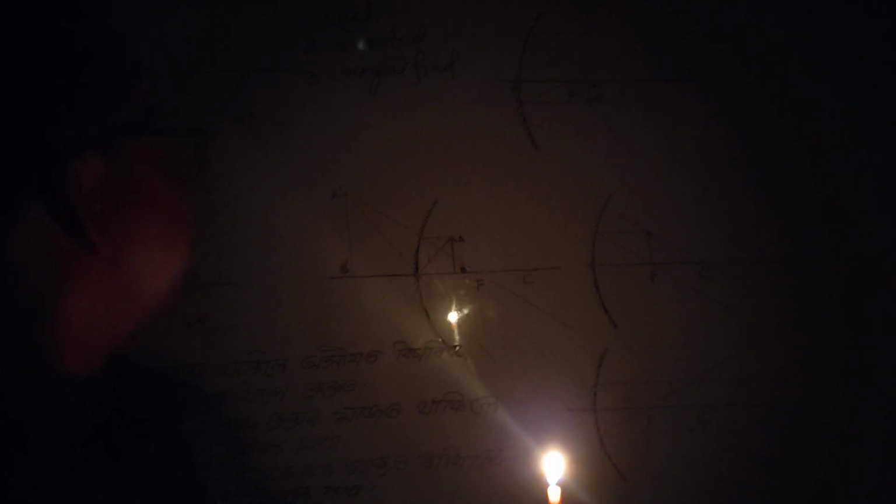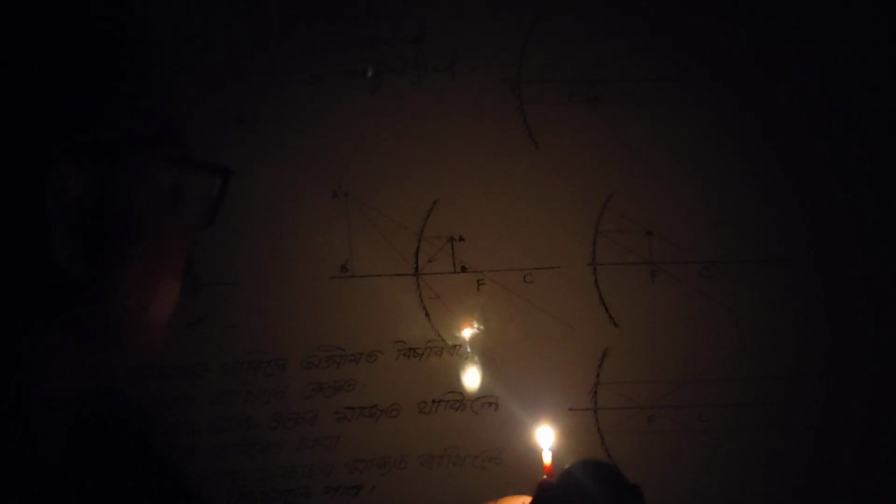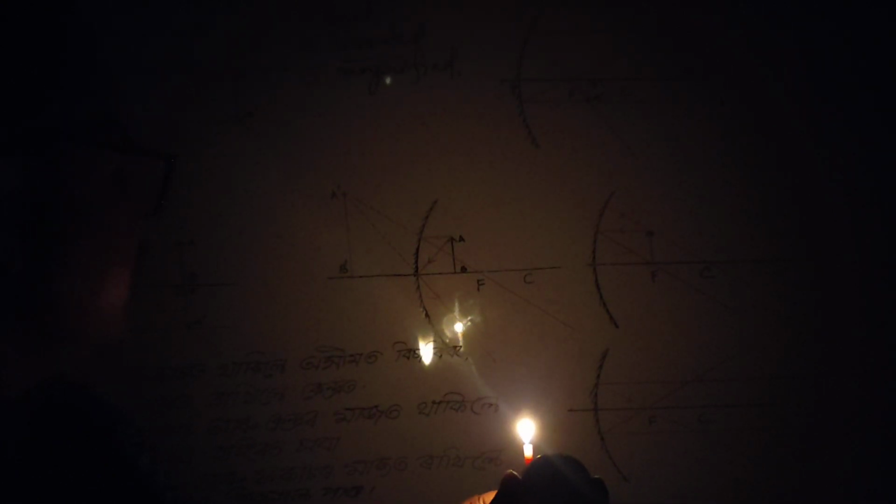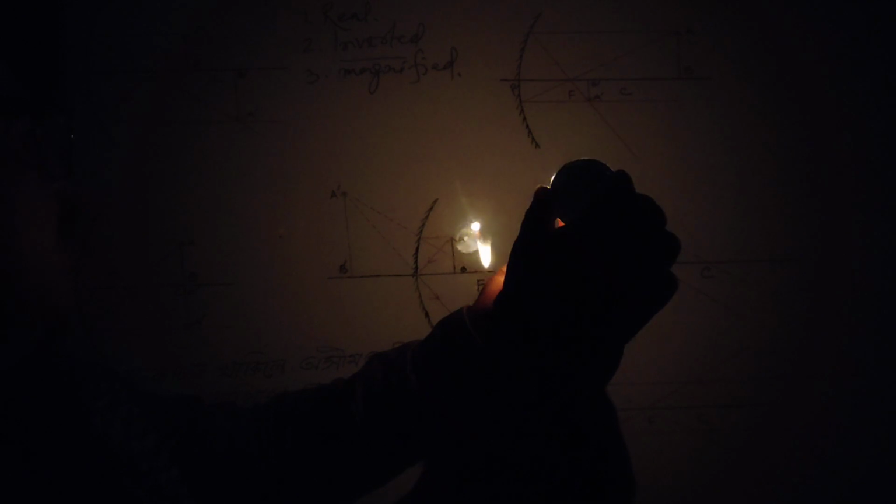Here you remember, if any object is placed between the focus and the center of curvature, then the image will be formed beyond the center of curvature. Now for this mirror, I have to adjust the center of curvature and focus. Now you see, the image is formed. This is the image of the candle, isn't it?